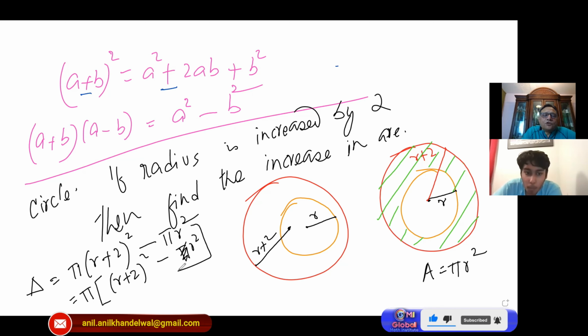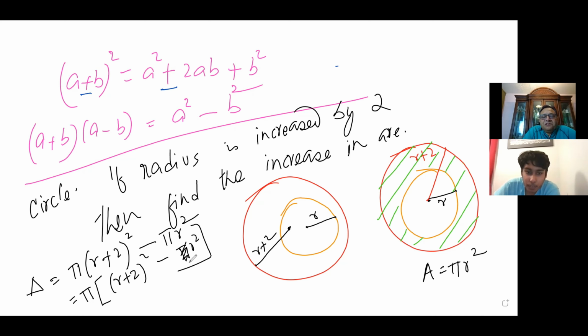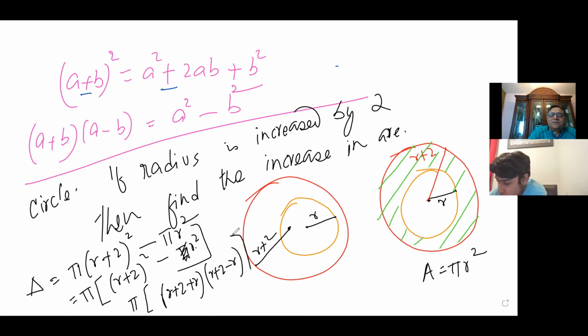Yes, sir. So now you can do sum times difference, right? So add them and take the difference, and you get pi outside. Add them: r plus 2 plus r, times r plus 2 minus r, correct?